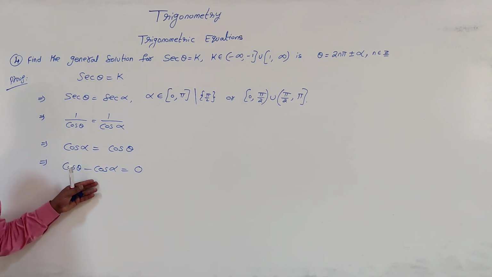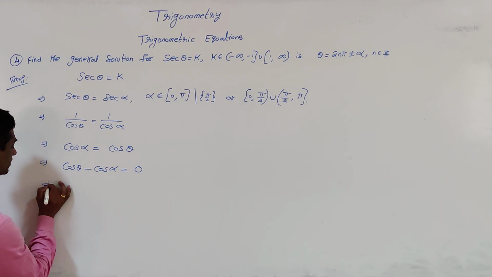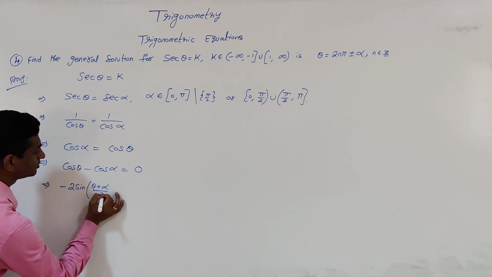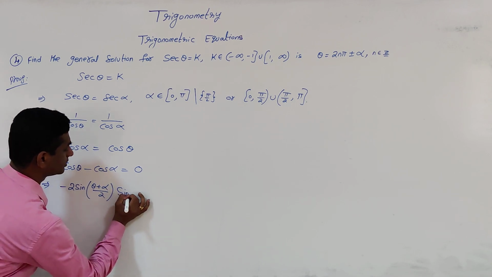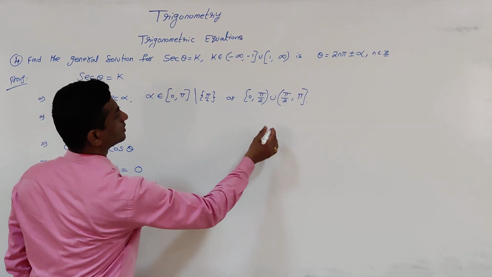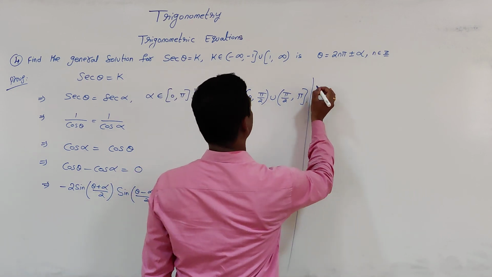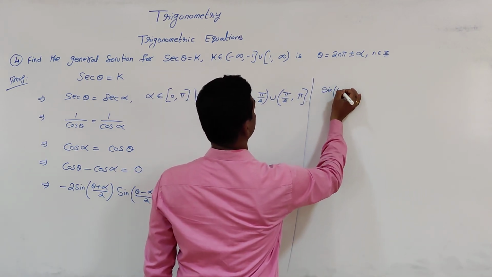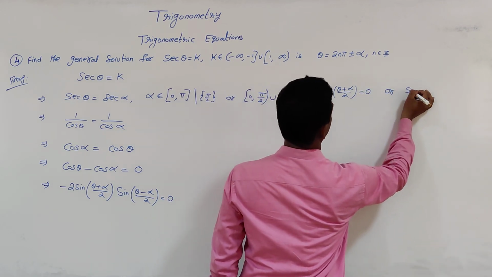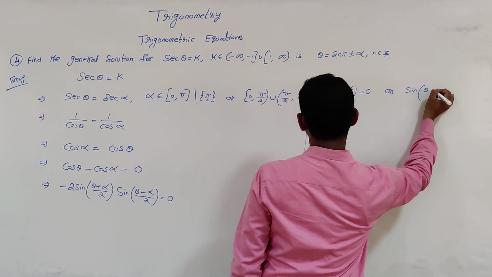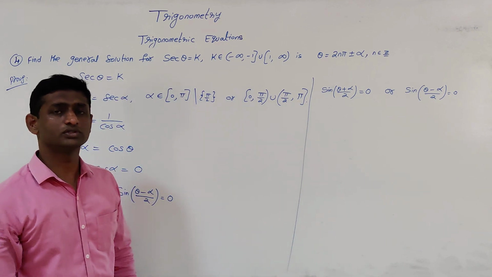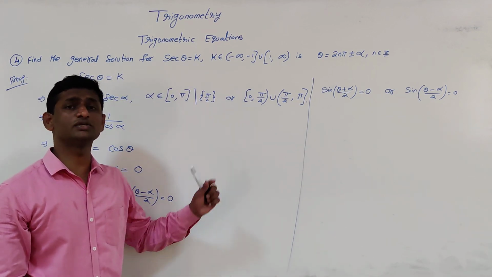Again we can apply the transformation, so that will be minus 2 sin of (theta plus alpha) by 2 into sin of (theta minus alpha) by 2 is equal to 0. So what we can have is sin of (theta plus alpha) by 2 is equal to 0, or sin of (theta minus alpha) by 2 is equal to 0. We have seen this type of solution for cos theta is equal to k.